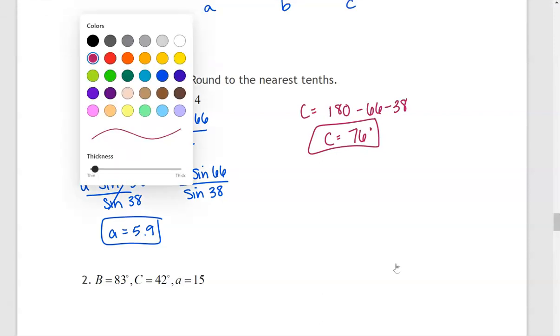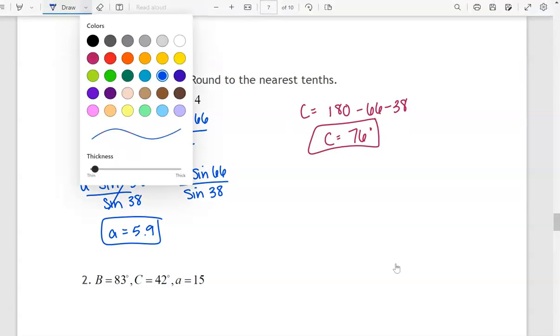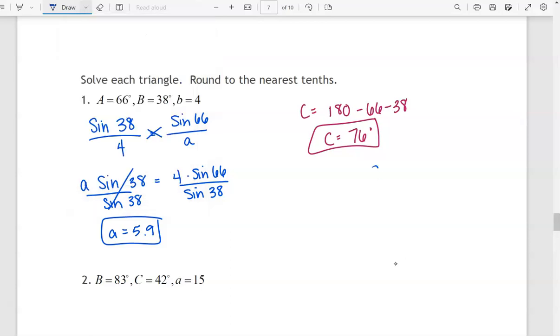And then we can use law of sines again to find our side c, because we have everything else but that. So you could do sine 38 over 4 is equal to sine of 76 over c.